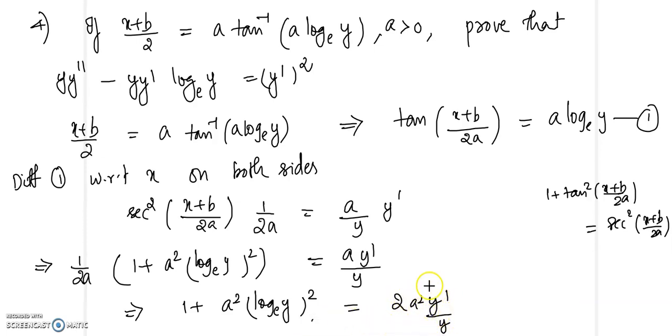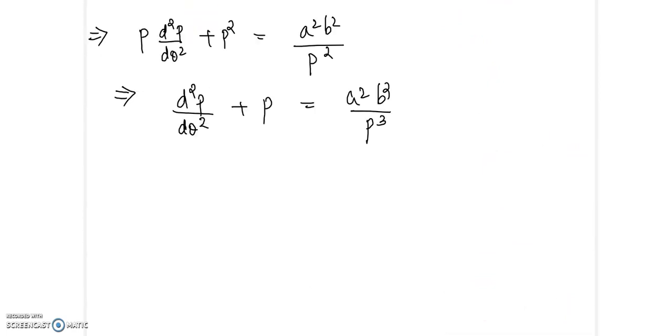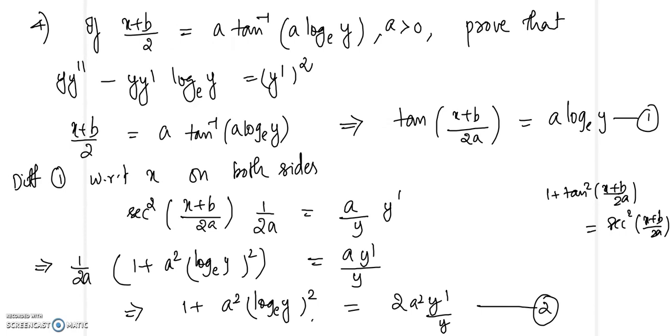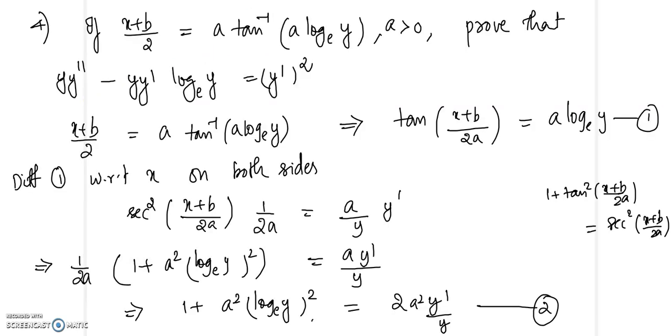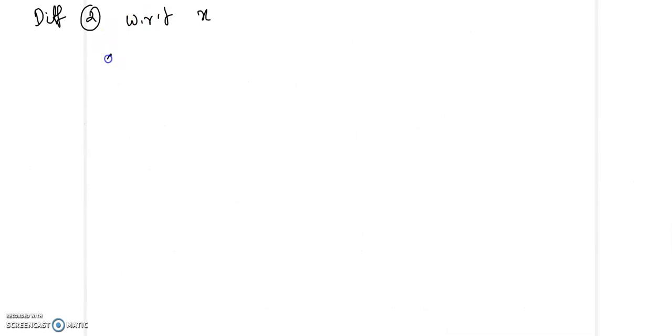When we differentiate once more, we will get the second derivative. So call this equation 2. Differentiate 2 with respect to x. When you differentiate 2, you will get a square into 2 log y to the base e into the derivative of log y, which is 1 by y into y dash.